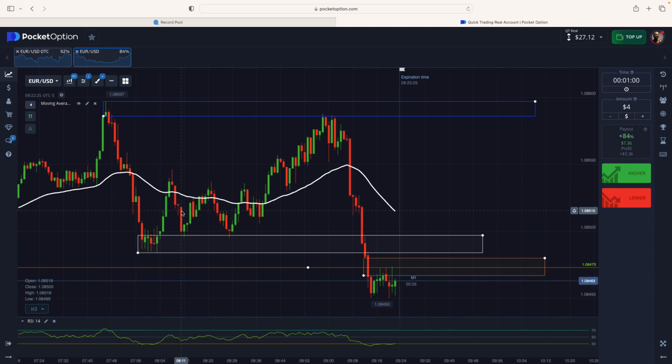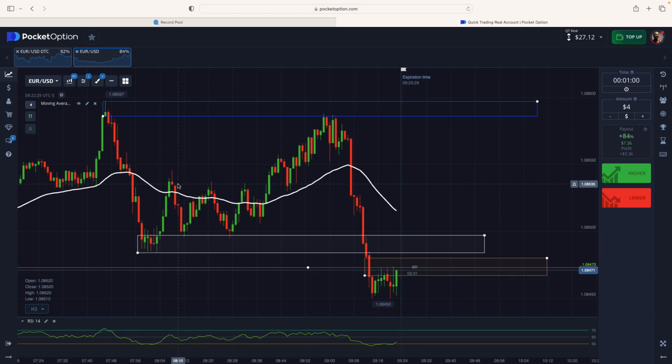Right? Matter of fact, this is a triple top right here, or this could be a double bottom or a triple top. More like this is the double bottom right here.